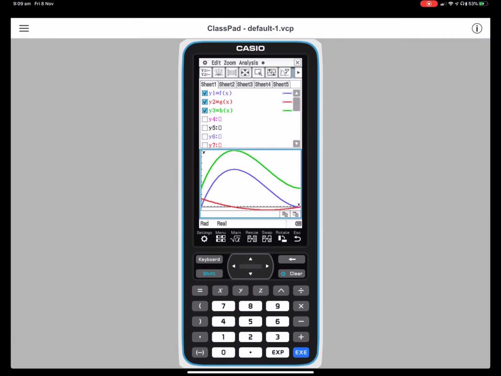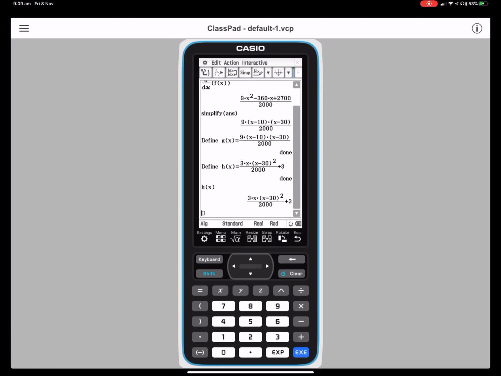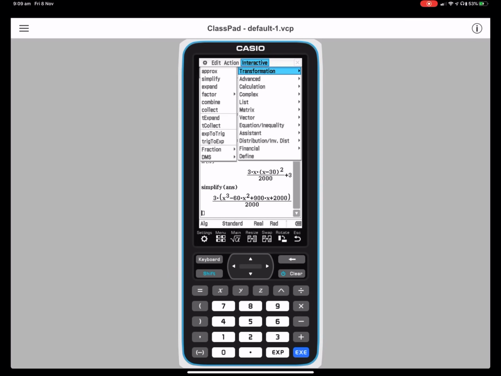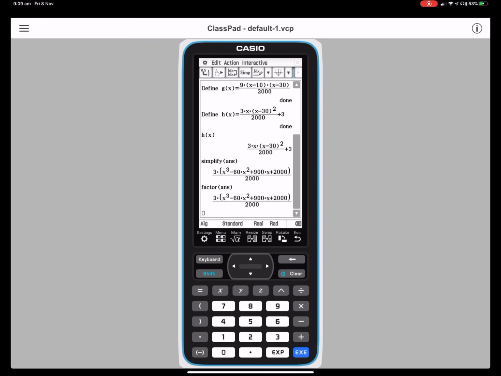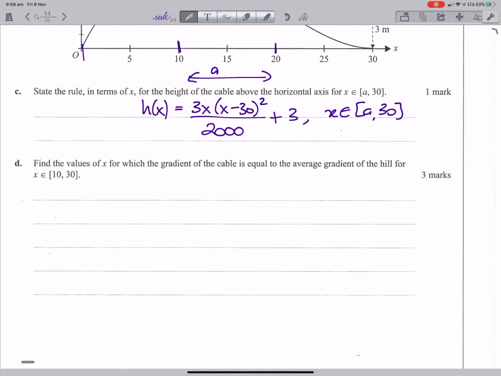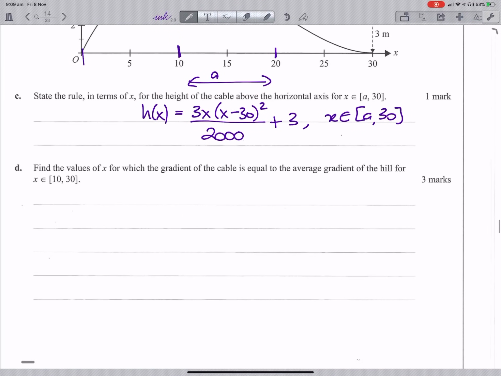Does it simplify nicely in the calculator? So let's type h of x. Simplify? Not really. Factor? No. Okay. Find the values of x for which the gradient of the cable is equal to the average gradient of the hill for 10 to 30. Okay, average m for 10 to 30.